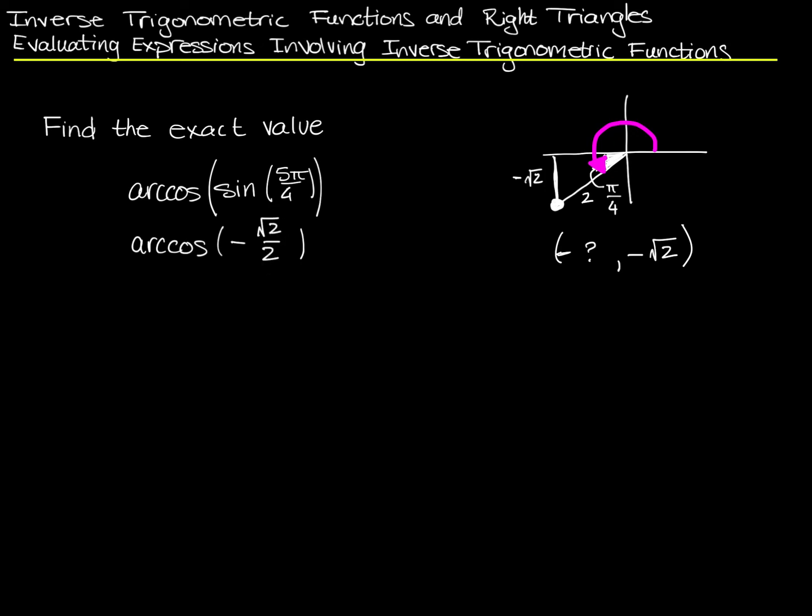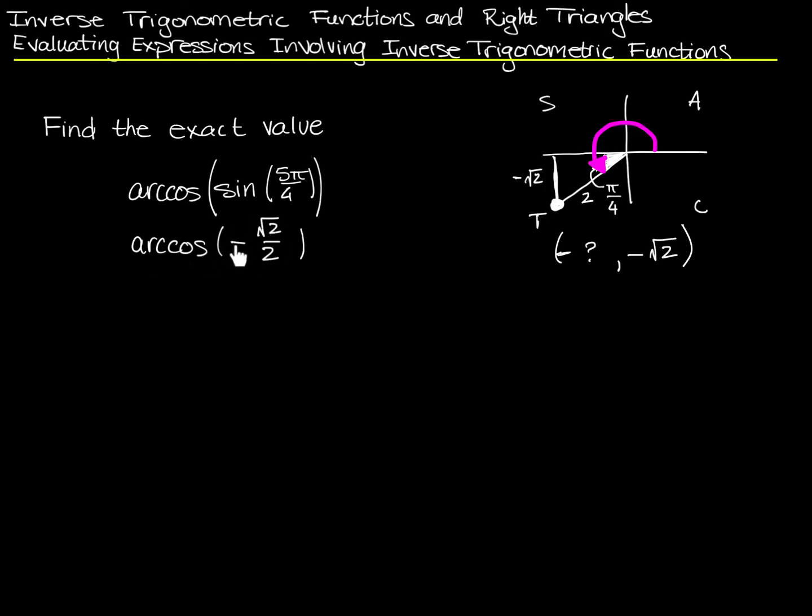Well, let's remind ourselves where cosine is positive, first of all. Let's see, I'll put it here. Cosine is positive in quadrants 1 and 4. And we are looking for the angle whose cosine is this value.